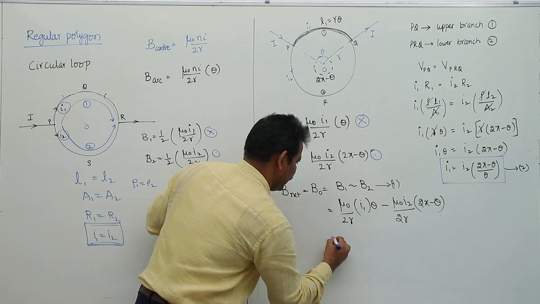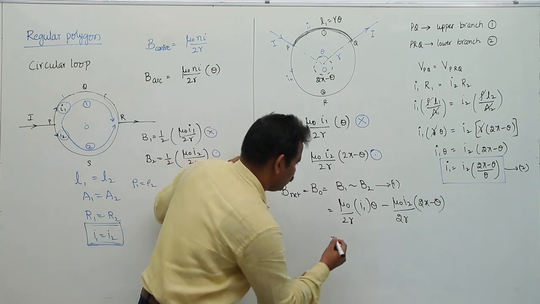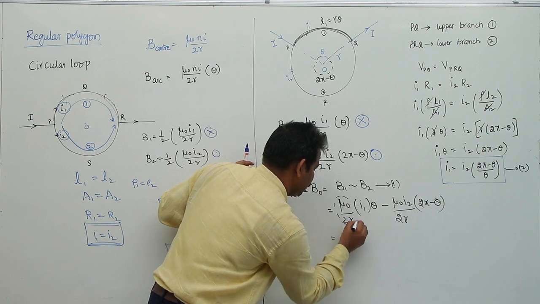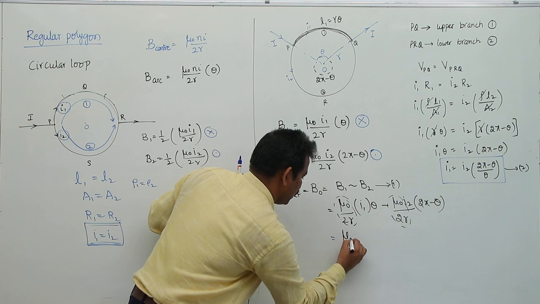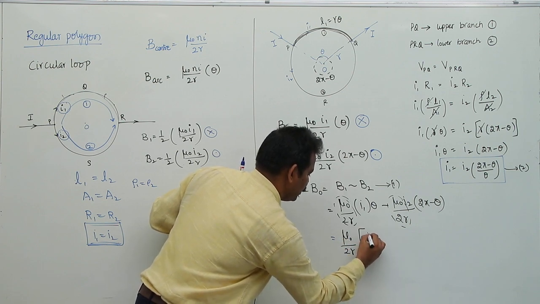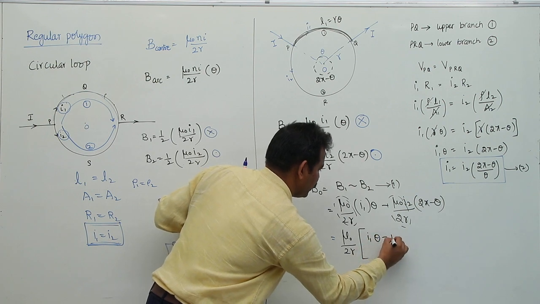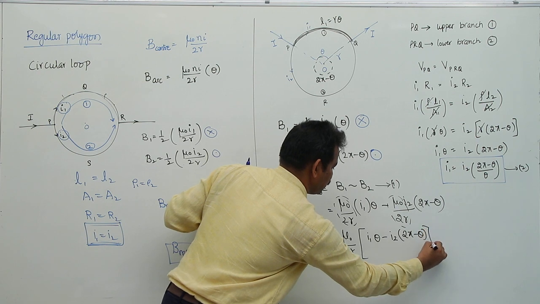So mu naught by 2R is common. This will be I1 into theta minus I2 into 2 pi minus theta.